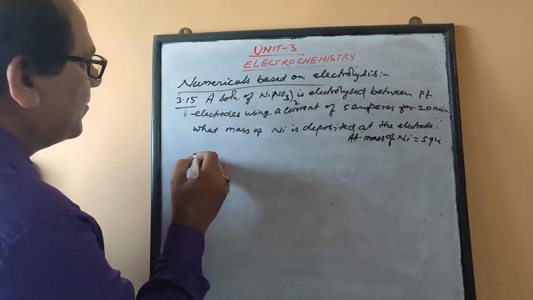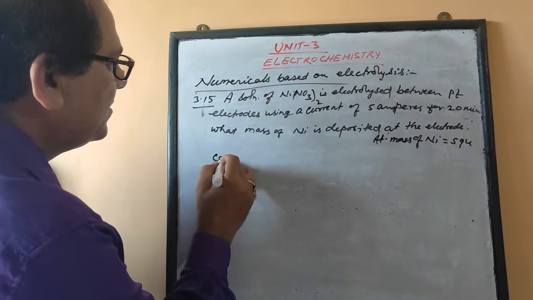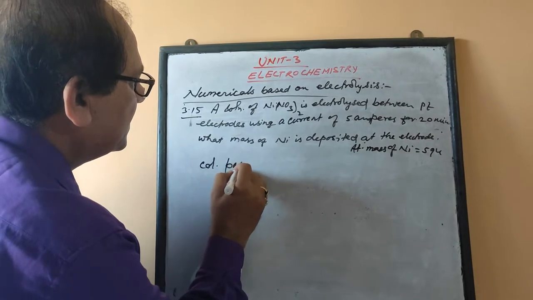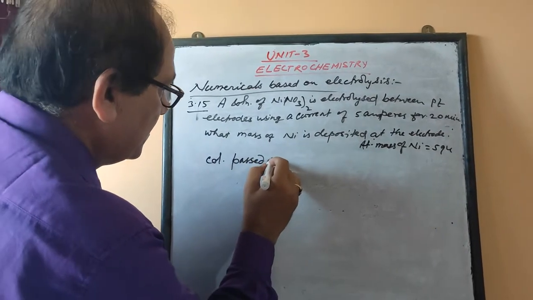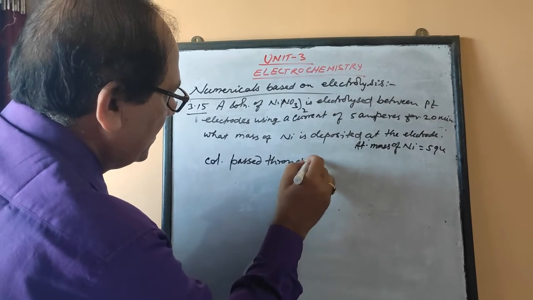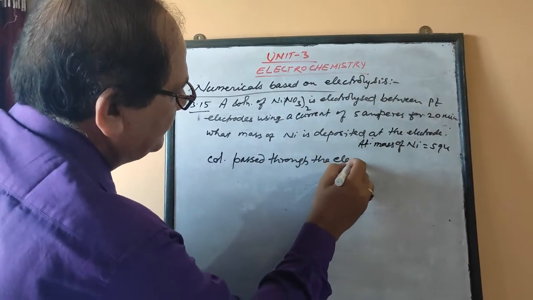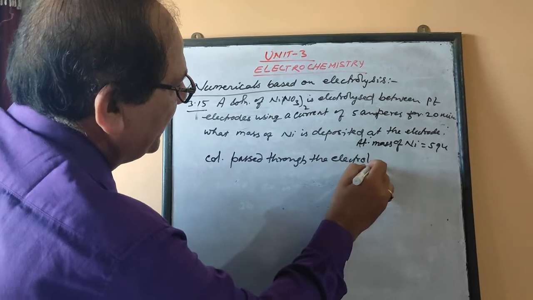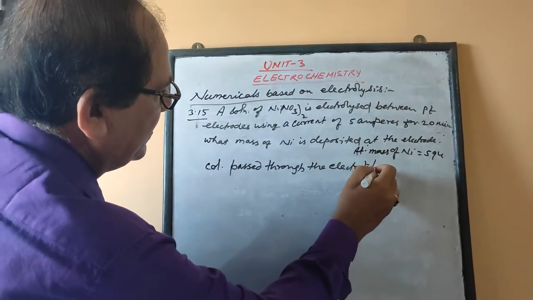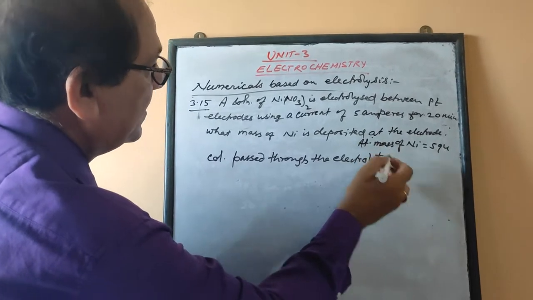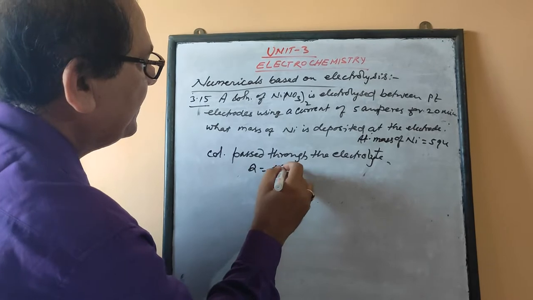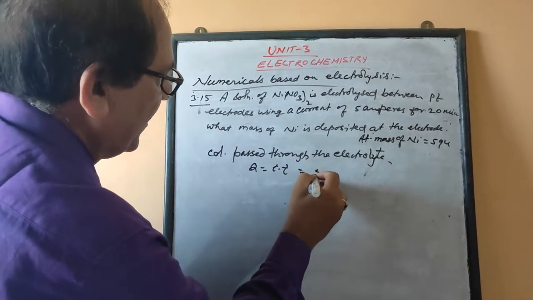Now, how many Coulombs are passed through the electrolyte? So Q is equal to I into t, you know already, is equal to 5.